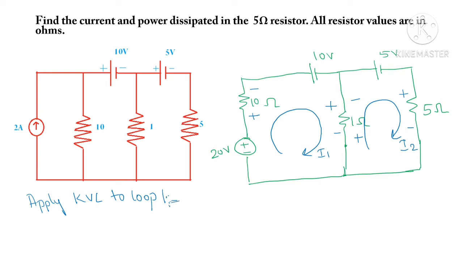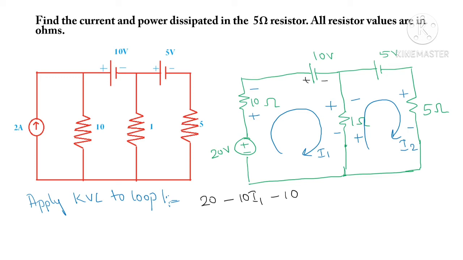So we will apply KVL to the first loop, carrying a loop current I1. So what does it say? We'll start from the voltage source. So it is 20, plus to minus means it is minus 10 I1. This is plus, this is minus, so it is again minus 10, and here it is plus minus, but both currents I1 and I2 flow through 1 ohm.